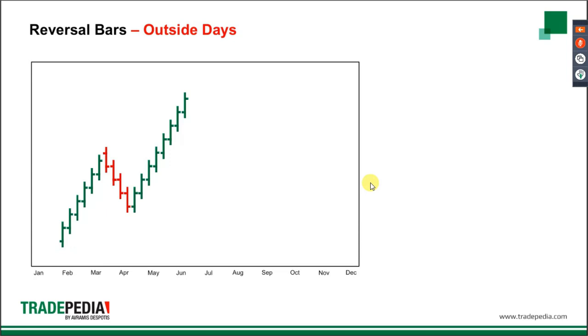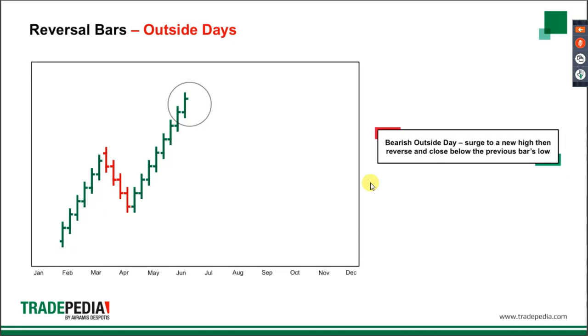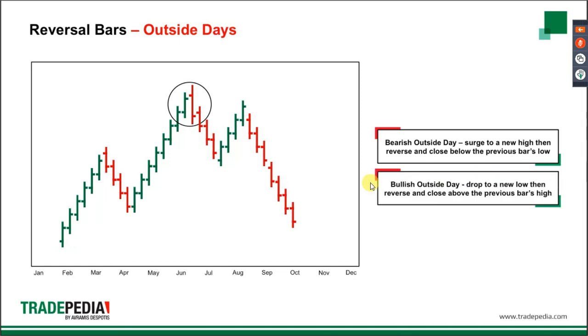Okay, and this is recognized with prices surging to a new high. So it's usually significantly higher than the previous trading day, and they will reverse lower and close below the previous bar's low, like this. Okay, so a bullish outside day occurs at the bottom of the decline. So this is a bullish outside day.